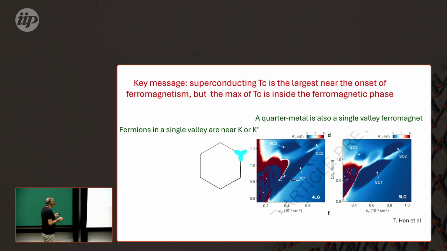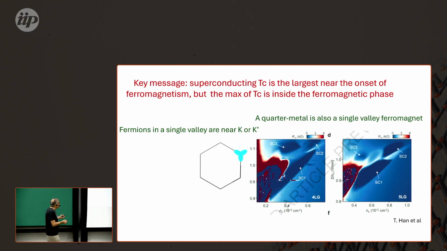I did calculations assuming that there is a circular Fermi surface. For a circular Fermi surface, even if you have two fermions in one valley, you still get nice superconductivity. If the Fermi surface is realistic, it's like this. Then k and minus k are not on the Fermi surface. And first of all, in this case, single valley means only single spin, great.